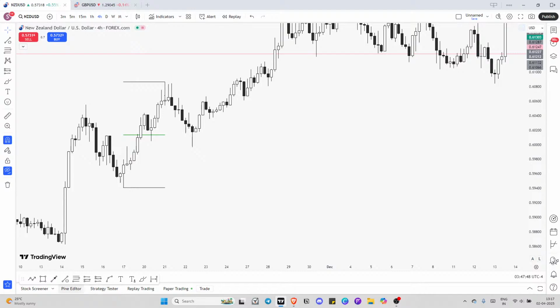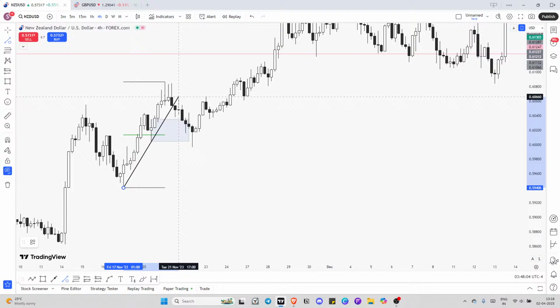This leg, alright. So here is an area where a lot of people will be buying, right? Okay, this is a trend line break also.